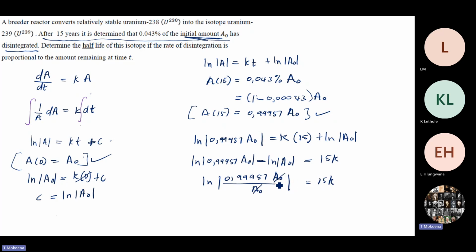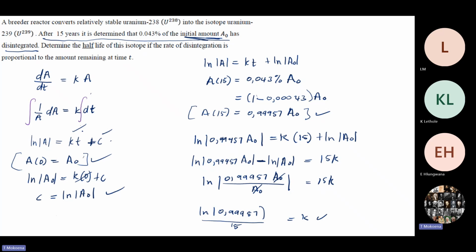So this and this will fall off, and therefore I'm going to have ln of 0.99957 divided by 15. This will give me the value of K. I have C, I have K, I can substitute them here, and then I get my particular solution.